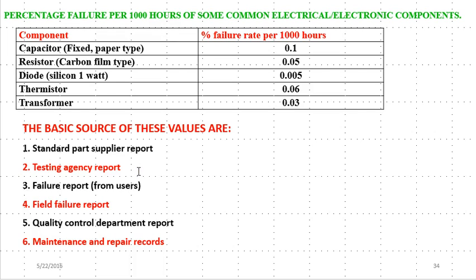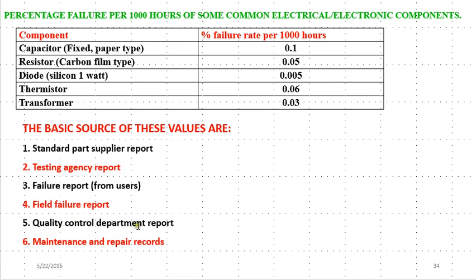Whenever you produce something, you take it for them to test it for you independently. We can get that data from them. And the failure report from users: you as a user, you know how many you bought, how many have failed, so you can know the failure rate. And the field failure report, that is from components used in the actual field of application.